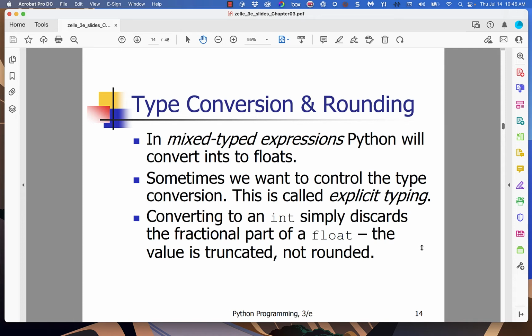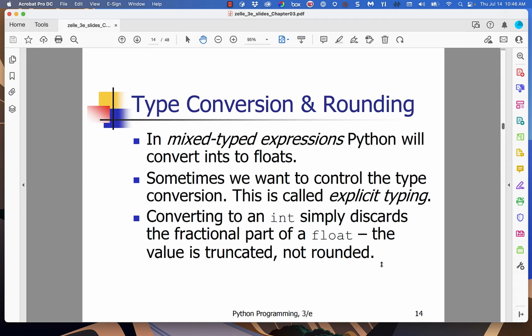Now, this is a really important point, and a lot of people miss this, right? If we have a value in a float type, like 5.123, and we convert it by calling the function int. So we say int paren 5.123.